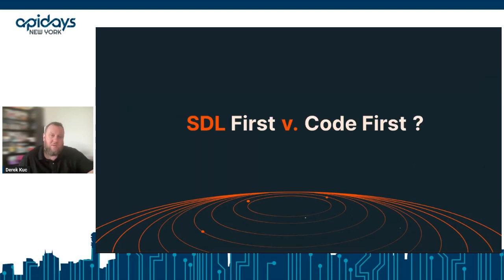Talking about schema versus code first, I think that is somewhat problematic. At least in my mind, the naming is somewhat misleading. First of all, it doesn't really matter whether you write your schema by hand or whether you describe your schema using code. Schema is your API.